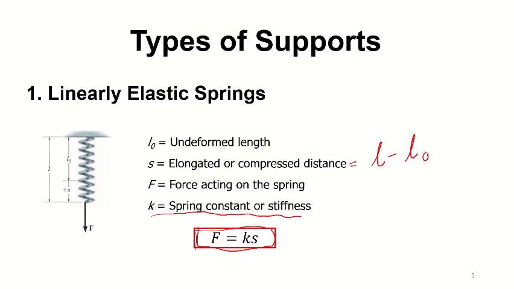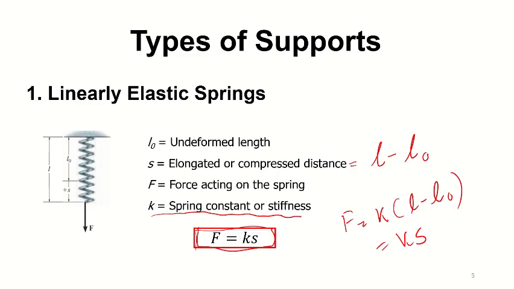So the force applied on this elastic spring is F equals the spring constant, or stiffness, of this elastic spring times L minus L naught, or Ks.